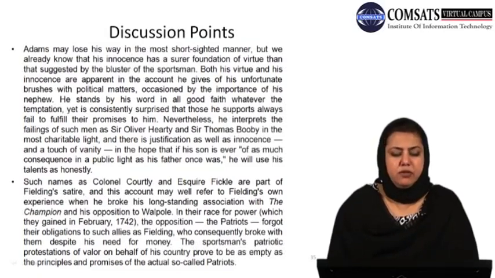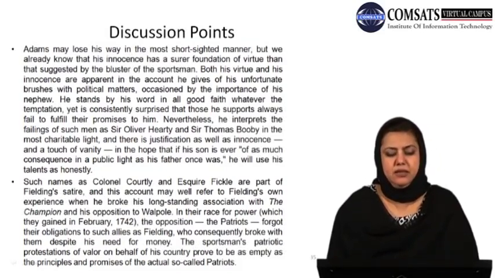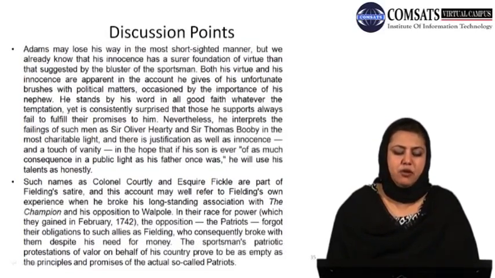In their race for power, which they gained in February 1742, the opposition, the patriots, forgot their obligations to such allies as Fielding, who consequently broke with them despite his need for money. The sportsman's patriotic protestations of valor on behalf of his country proved to be as empty as the principles and promises of the so-called patriots.